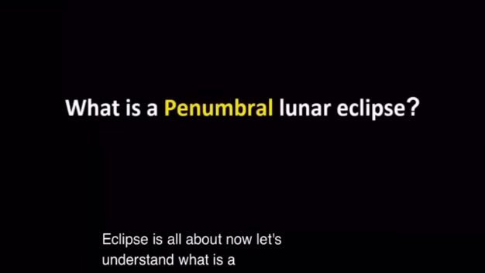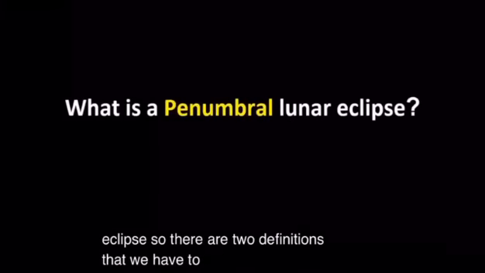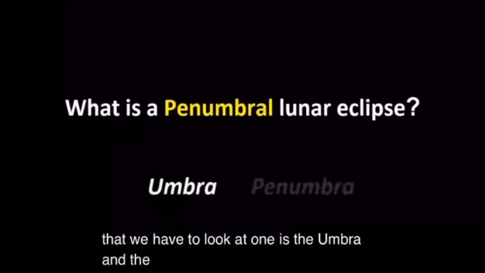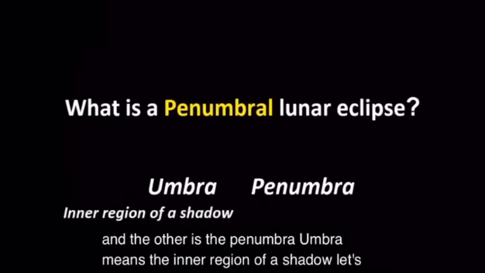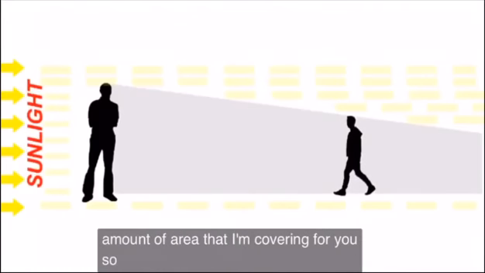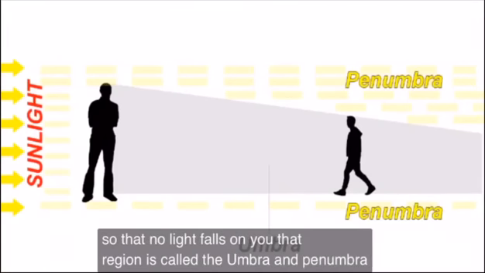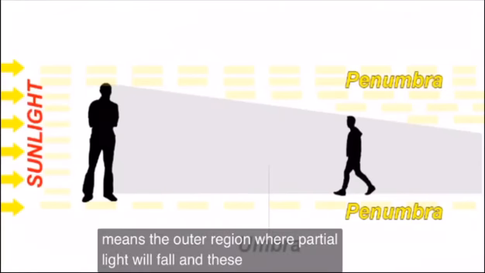Now let's understand what is a penumbral lunar eclipse. So there are two definitions that we have to look at. One is the umbra and the other is penumbra. Umbra means the inner region of a shadow. Let's say if I stand in front of you, and amount of area that I'm covering for you so that no light falls on you, that region is called umbra. And penumbra means the outer region where partial light will fall.